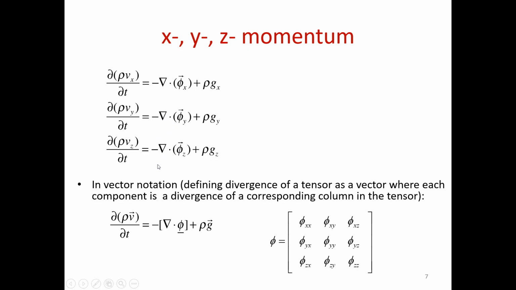Divergence of a vector is a scalar. So I have three scalars here, and those three scalars form a vector. That vector is the divergence of a tensor. And formally, these things are defined essentially to make writing these three equations shorter. That's it. It's not there to torture you with vector calculus.